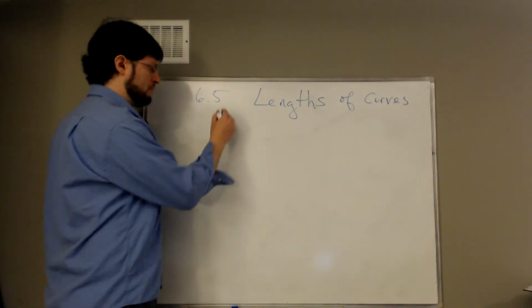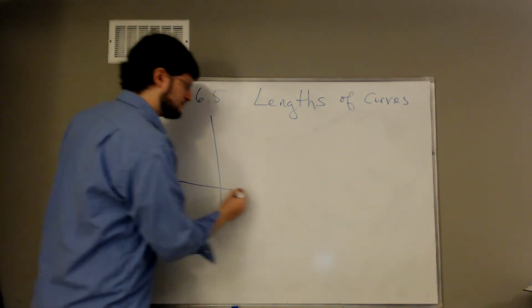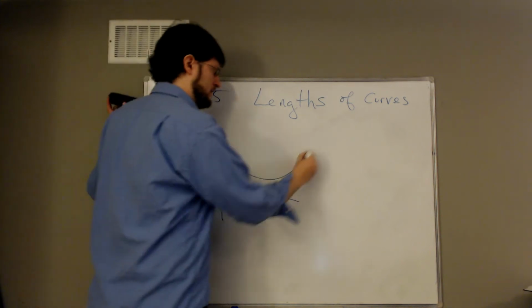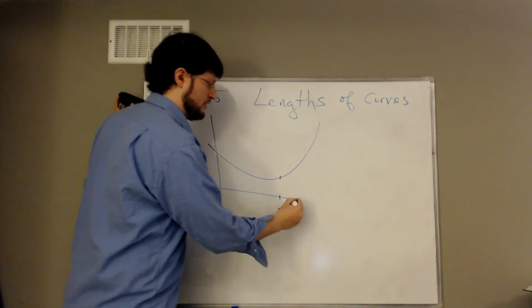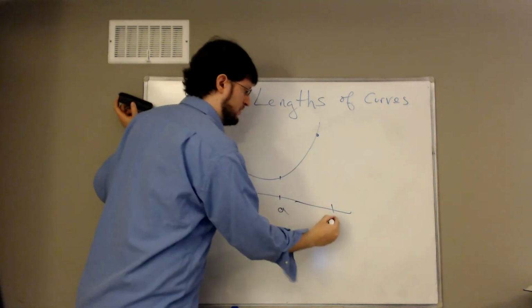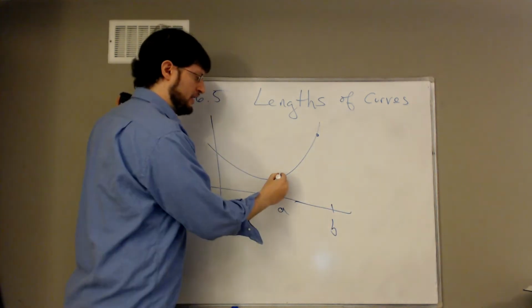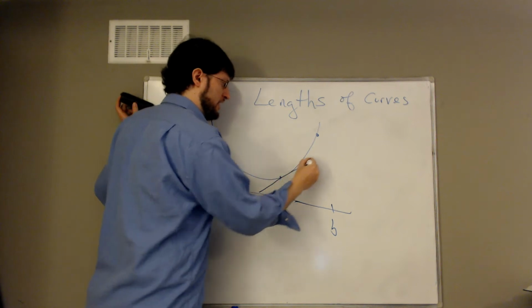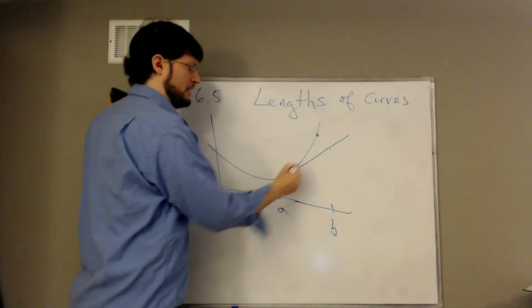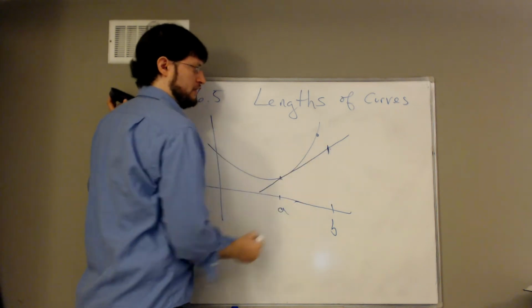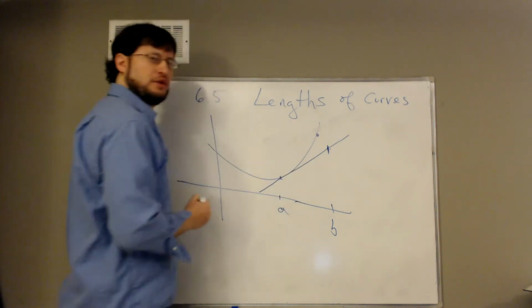So let me make a different picture. So suppose that here's A and here's B. And I said, all right, here's my tangent line. And let's calculate the distance of the tangent line between A and B instead of the distance along the curve.